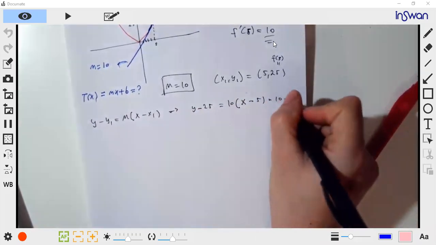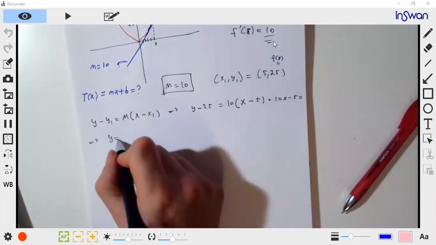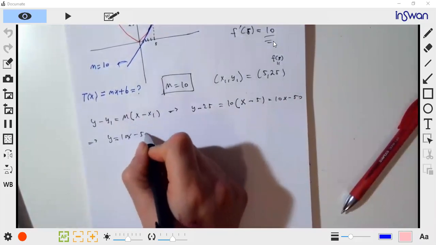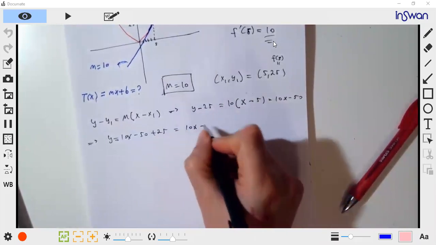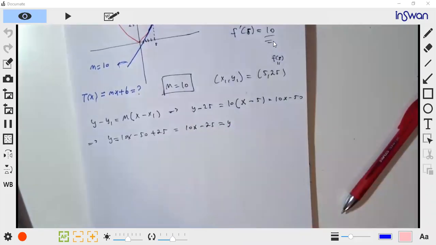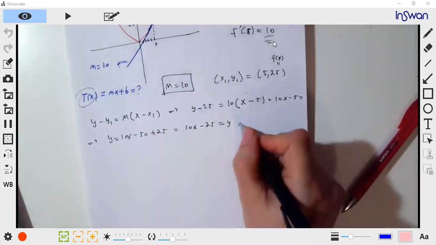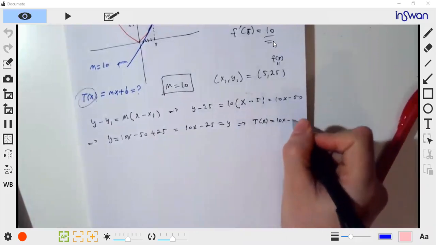So this becomes 10x minus 50. So that implies we get y is equal to 10x minus 50 plus 25, which is equal to 10x minus 25, which is equal to our y, okay? And to honor our notation where I wrote t to represent tangent, this means our t of x, a function of x, is equal to 10x minus 25.